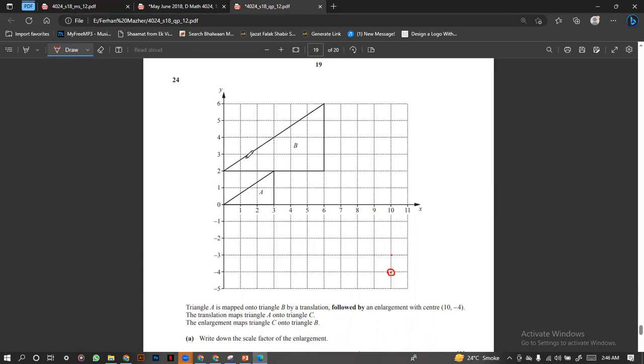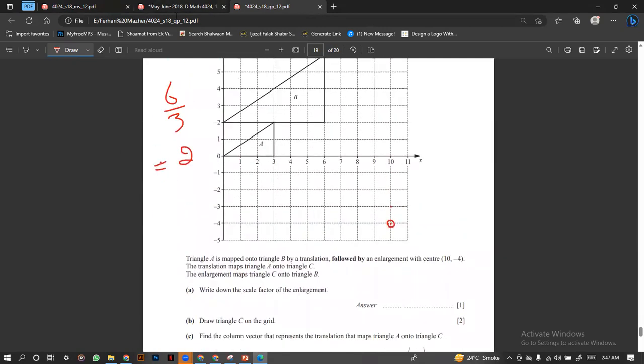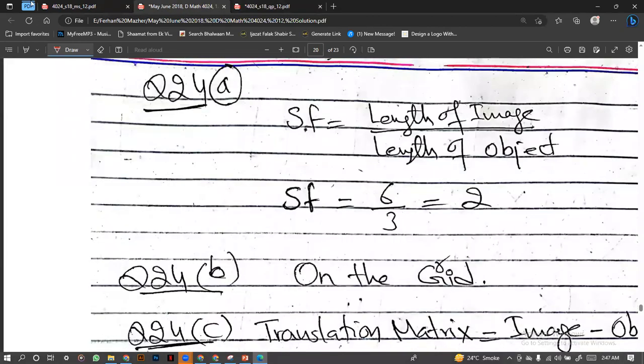For example, this side of the image is 1, 2, 3, 4, 5, 6, and the object side is 1, 2, 3. So it will be 6 divided by 3, and that gives you the enlargement factor, which is 2. So the scale factor is 2.